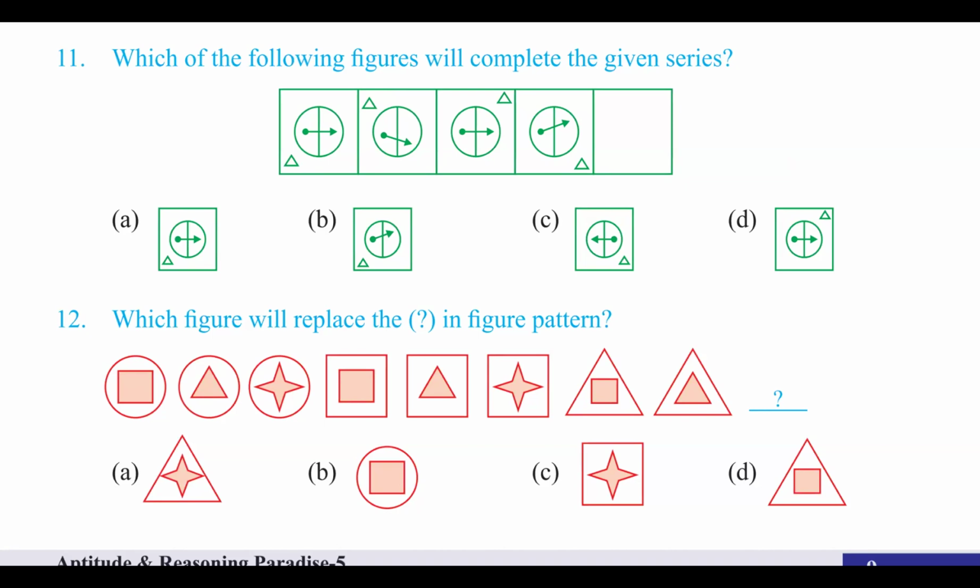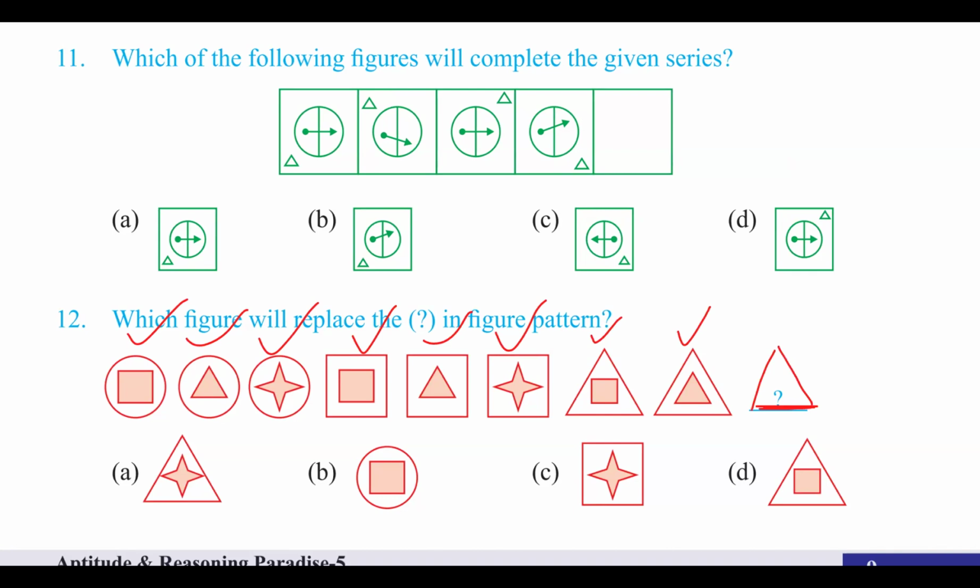Ma'am, I have sent. Yes, let me just check. Yes, that's correct. It should be option number A, because we can see firstly 3 circles are there, then 3 squares are there. If we talk about the outermost shape, then the outermost shape should be the triangle.